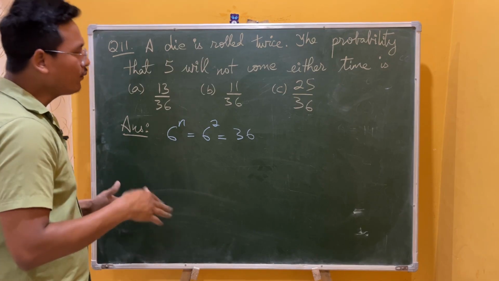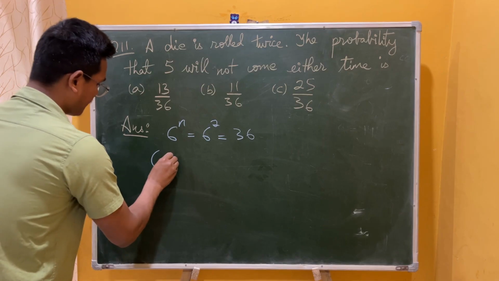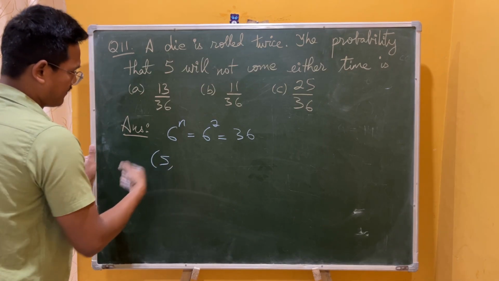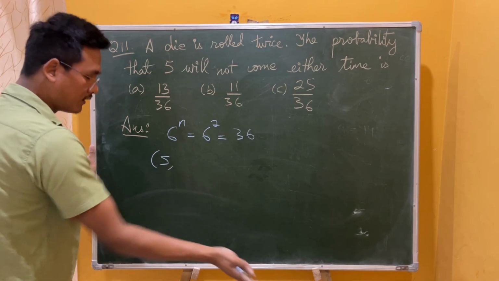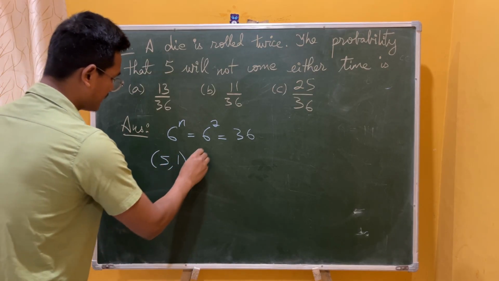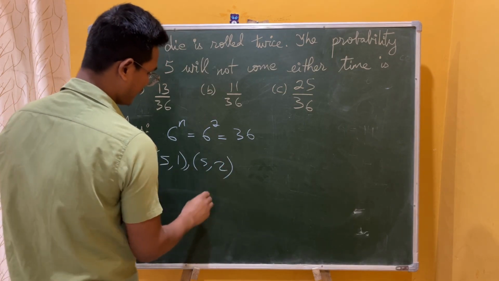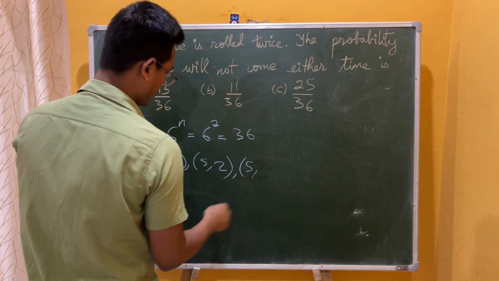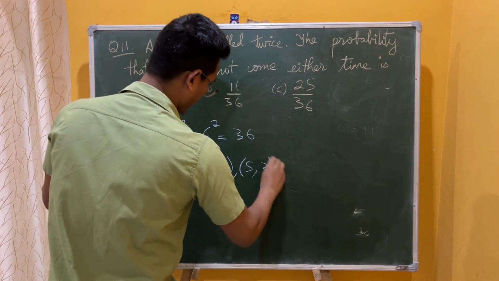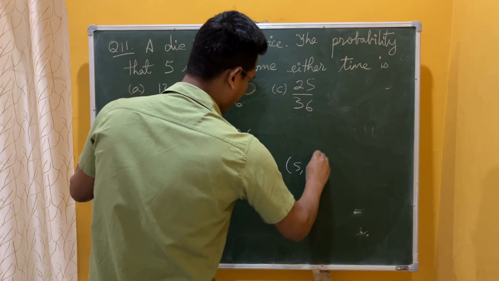So when will you see 5? One is that 5 comes up and on the second die, 1 shows. Next, 5 is coming up and on the other 2 is showing up. 5 and 3, 5 and 4.